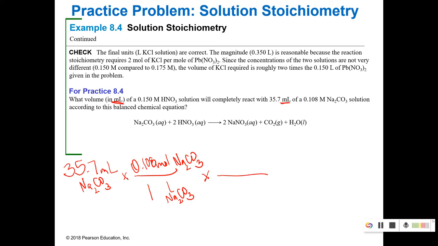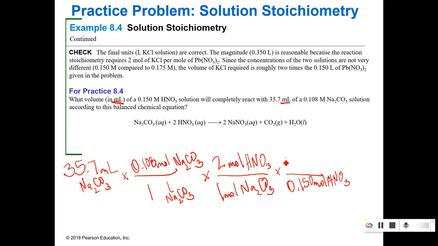Now we do the mole ratio. That mole ratio is generally that second step. Okay, so I've got 1 sodium carbonate and 2 nitric acids. And I've got 0.15 moles of our nitric acid to every 1 liter of nitric acid, because remember, it told me 0.15 molar.